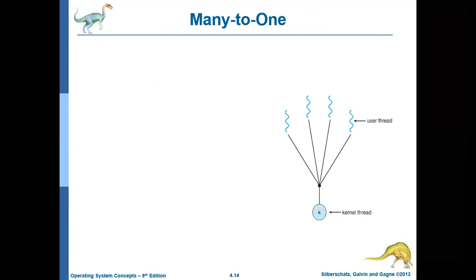In a many to one model, many user threads will be connected to one kernel thread. Before that, what is a user thread and what is a kernel thread? User threads are created by the user process, and kernel threads are created by the operating system.